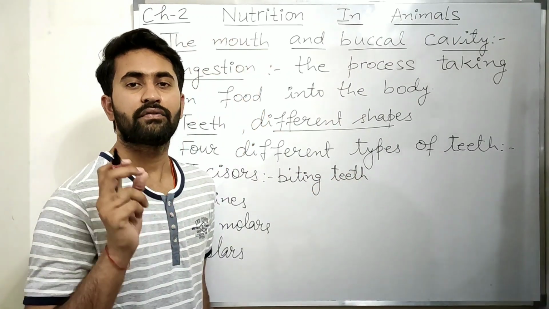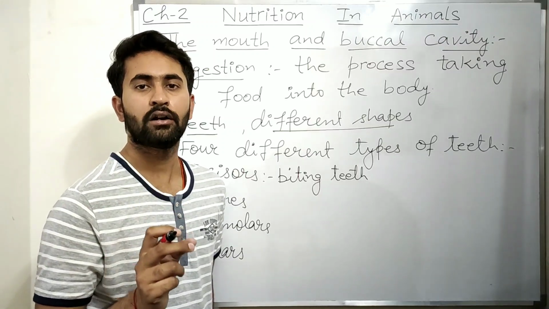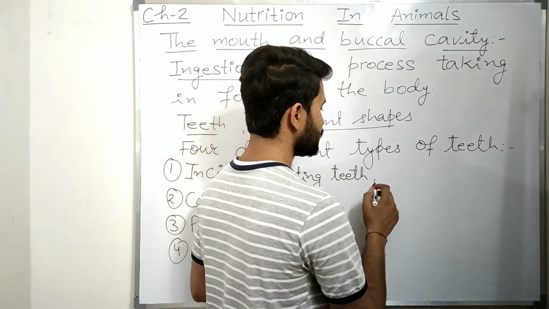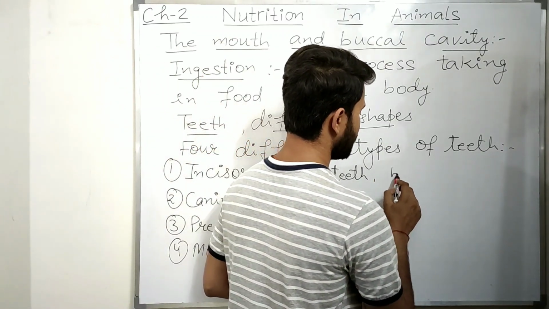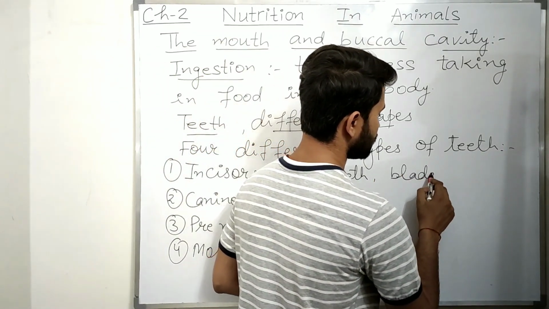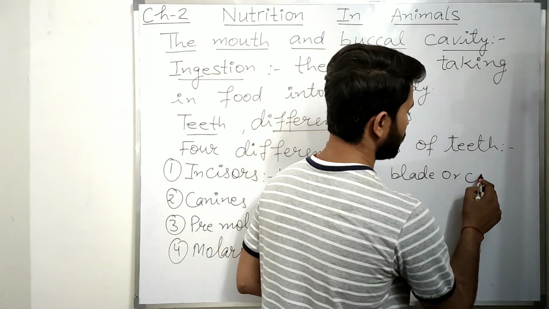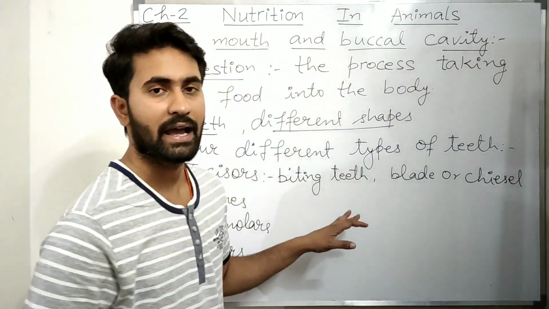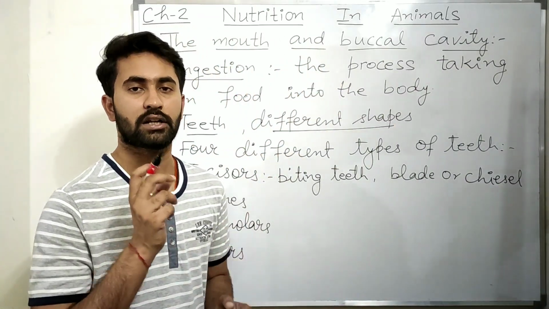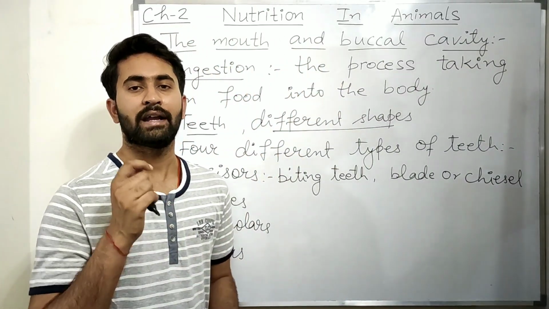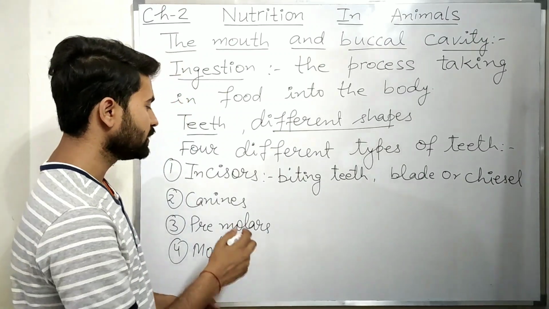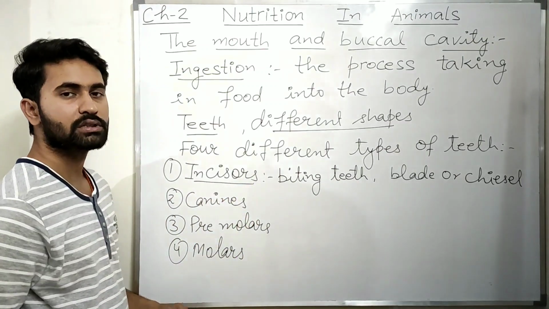They are flat, blade-like or chisel-like front teeth. They help us in cutting the food. Whenever we have to take a bite of food, we cut it using our incisors.